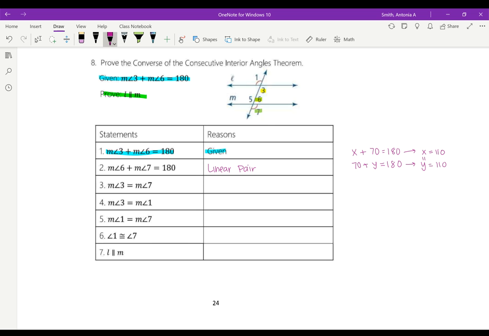So that's what's happening here: these two angles, angles 3 and 7, share a supplementary angle. This supplementary angle is, in my example, 70, but in the problem, it's angle 6. So my reason here is a little bit long, so give yourself a little bit of room.